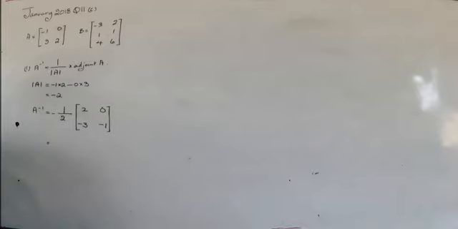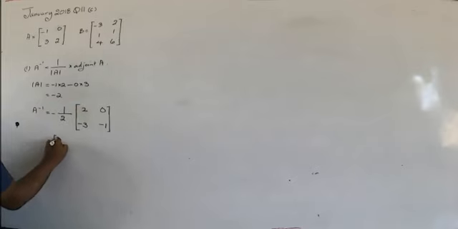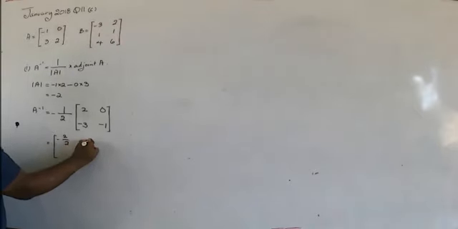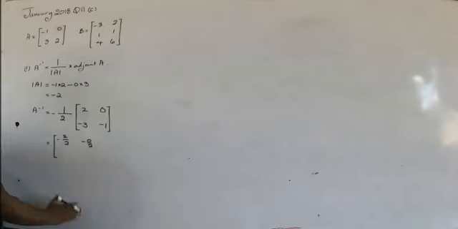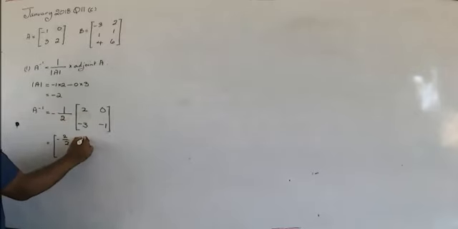I'm going to multiply everybody inside here by negative a half. A negative times a positive is a negative, so this is minus 2 over 2. This is 0. Minus a half times 0 is still 0.